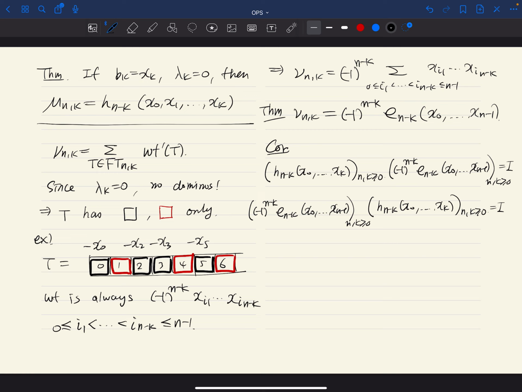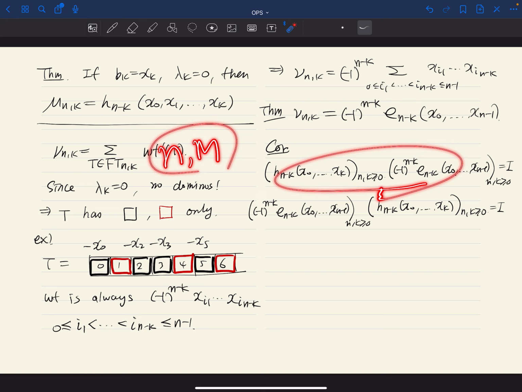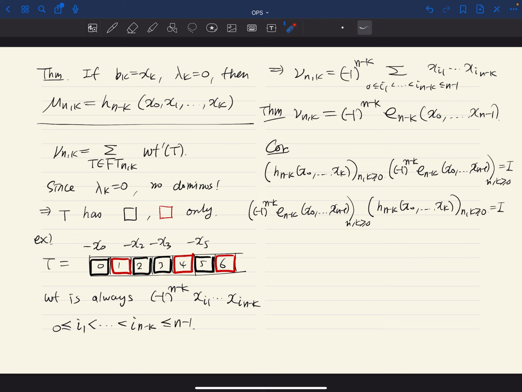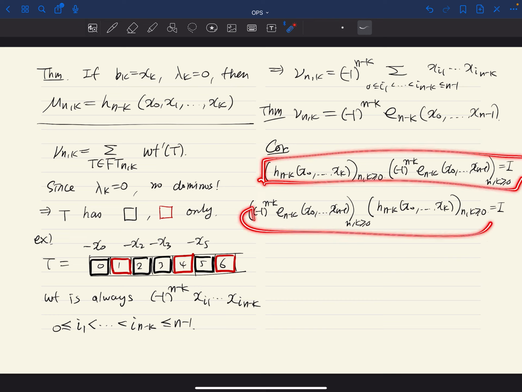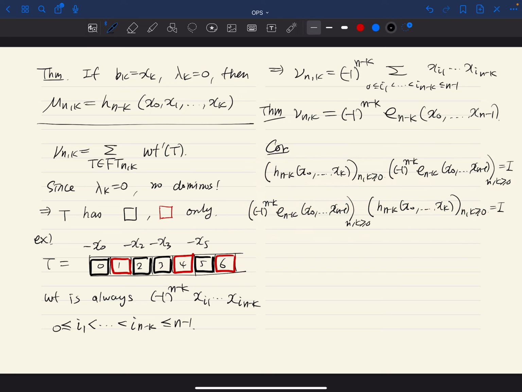Okay. And because we have matrix identities, we can also explicitly write the n comma m entry of the product of the matrices, and that must be equal to delta nm. So we get another equation, the equivalent equation for this, and also a similar equivalent equation for this. Let me write one of them.